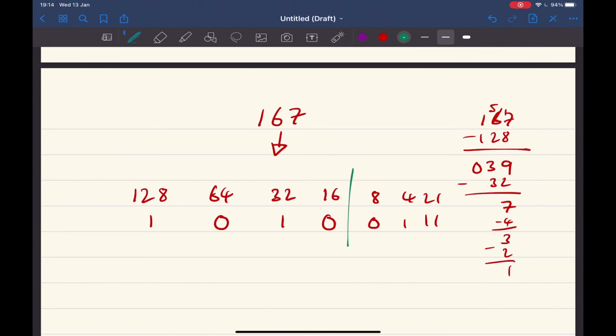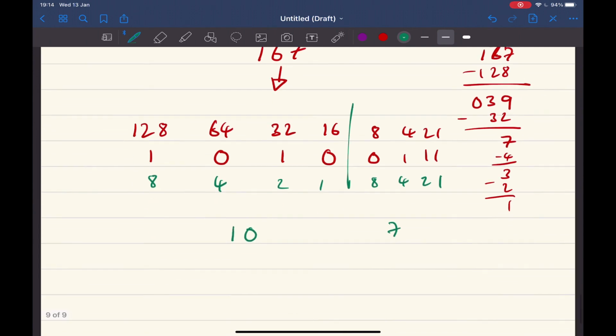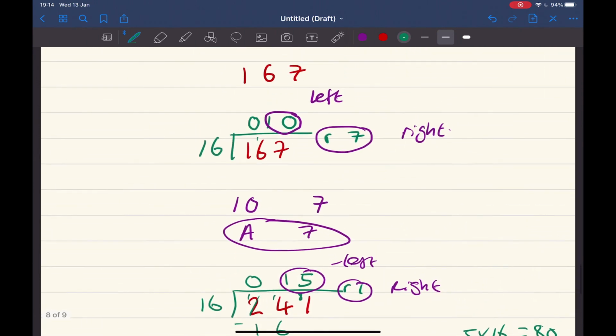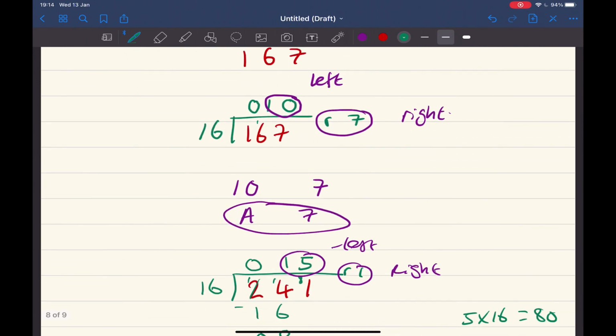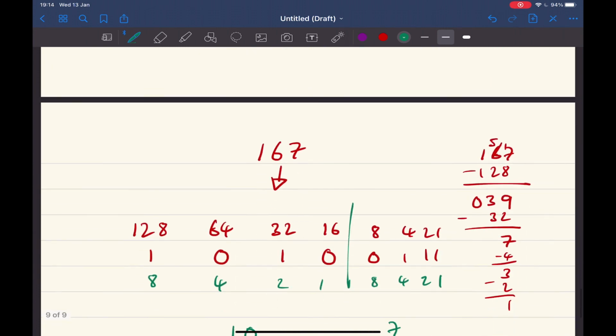To convert that into hexadecimal, then we split the number in half and we rewrite them as nibbles. Oh, got that wrong there, sorry. So 1, 2, 4 and 8. 1, 2, 4 and 8. And as nibbles, this number is 10, this number is 7. Remember, 10 we can't have, so the answer is A7. And we see we had A7 as our answer above.